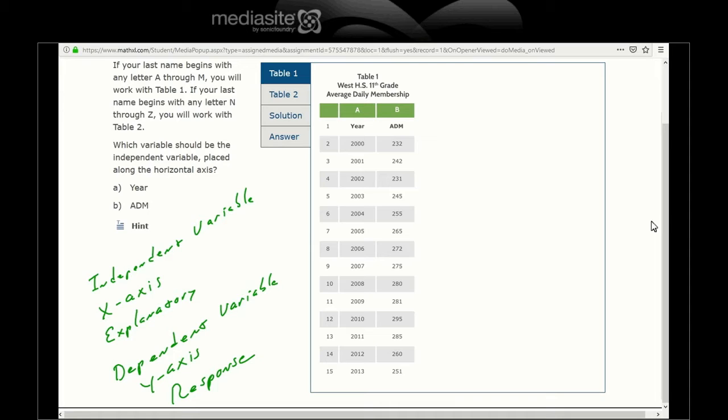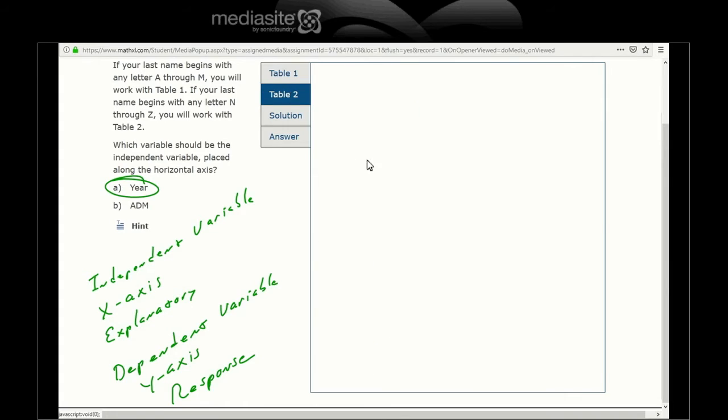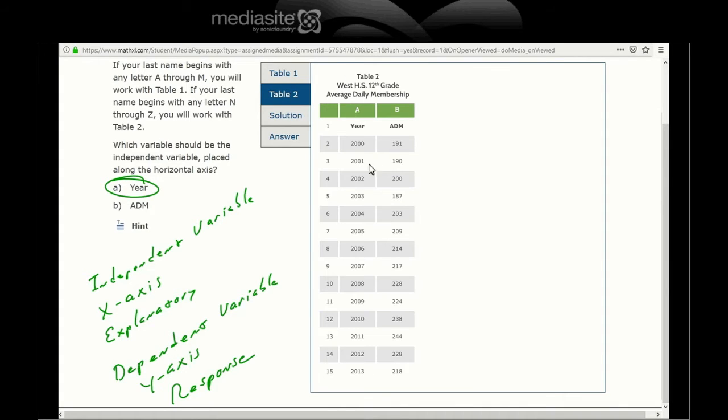In each case, we'll use the year to determine what the average daily membership is. And same for table 2, the year would be the explanatory variable.